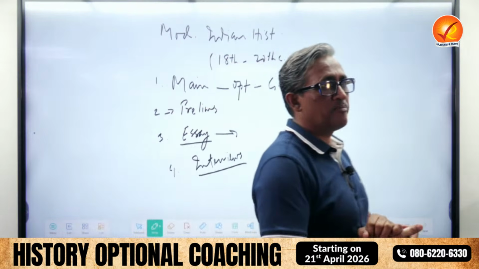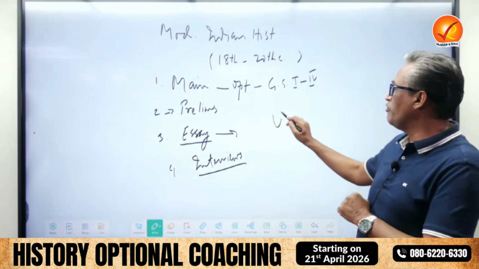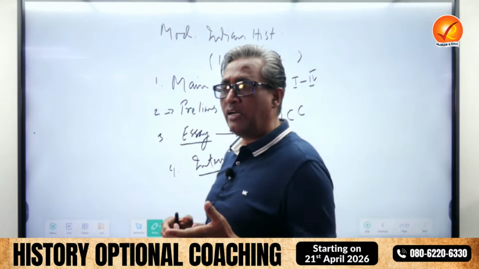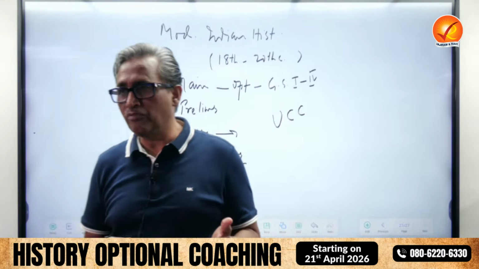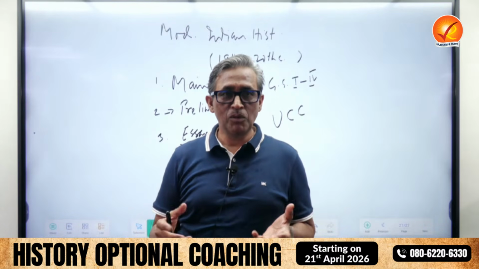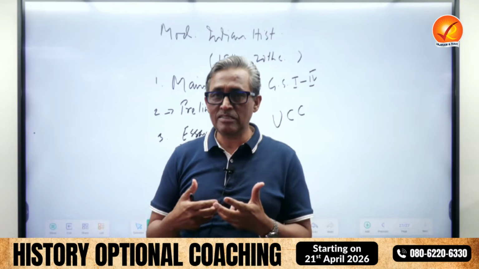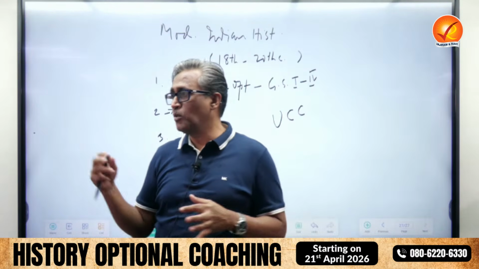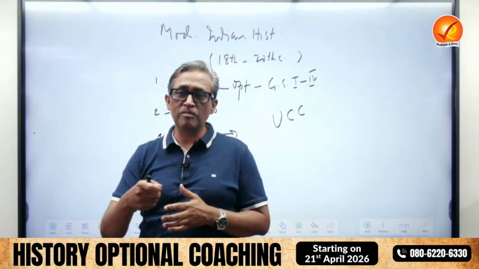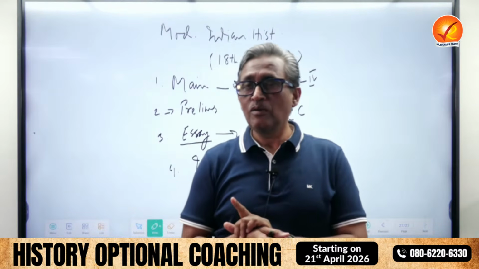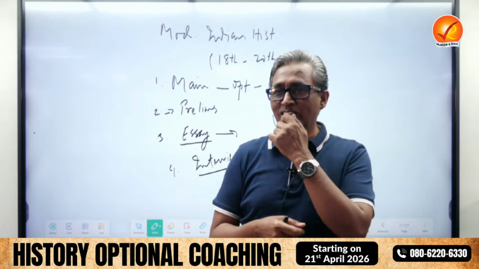For instance, why should we have a uniform civil code? You heard about it? It is given in the Directive Principles, Article 44, but it has yet to be implemented, though every government has promised it, from Congress to BJP, Mamata to Samata, alliances: that once we come to power, we will implement UCC. Am I right? Why have they not implemented it?